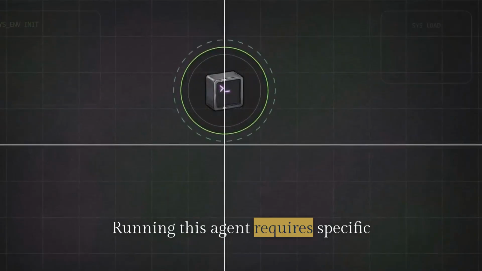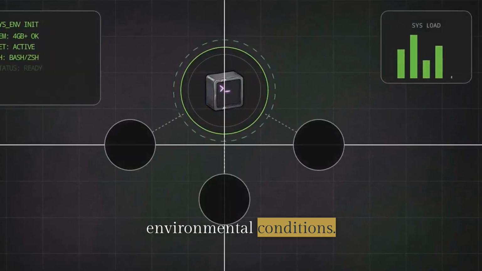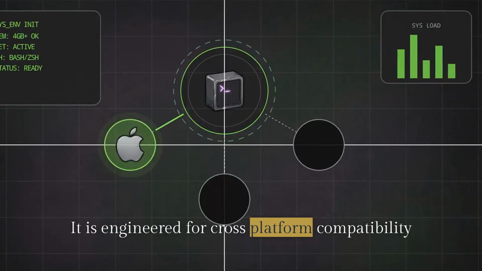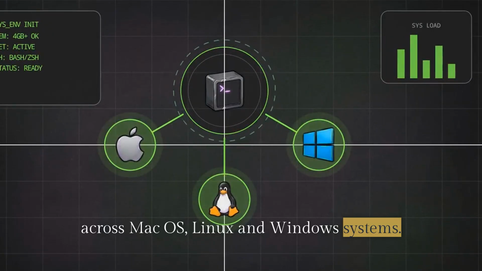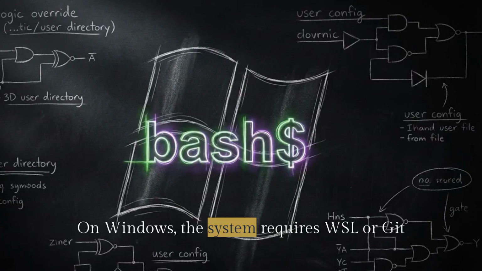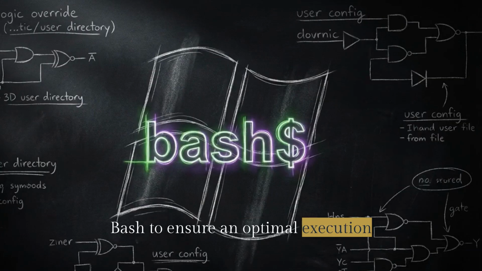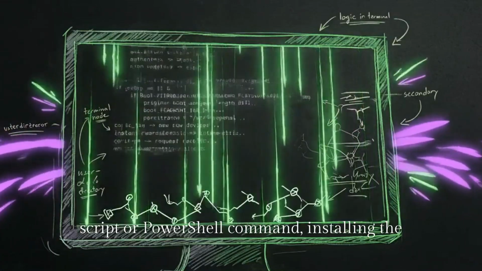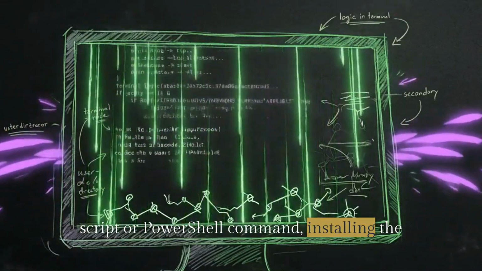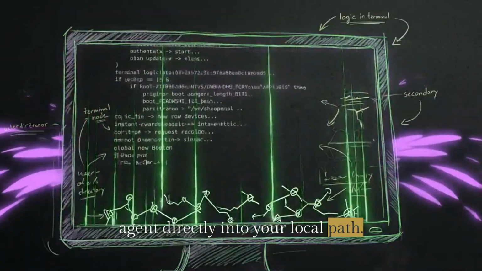Running this agent requires specific environmental conditions. It is engineered for cross-platform compatibility across macOS, Linux, and Windows systems. On Windows, the system requires WSL or Git Bash to ensure an optimal execution environment for Bash-based tools. You initiate the boot sequence via a native curl script or PowerShell command, installing the agent directly into your local path.